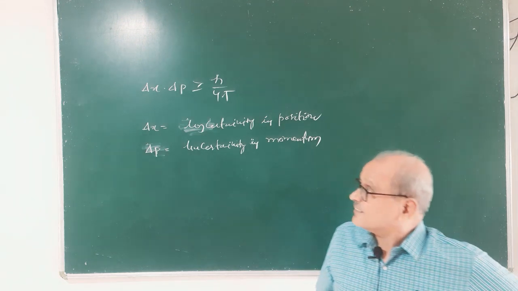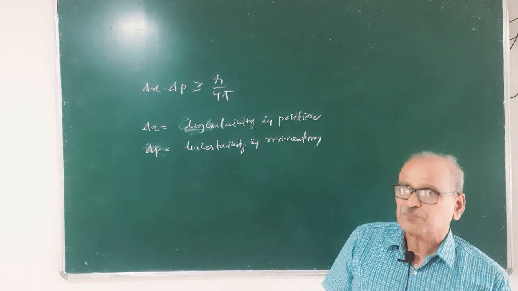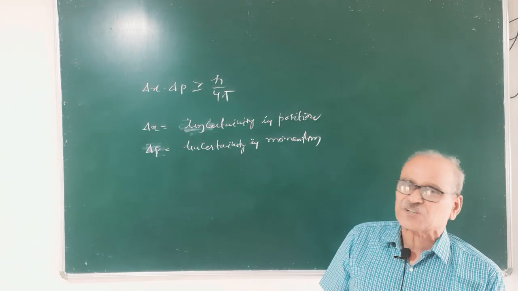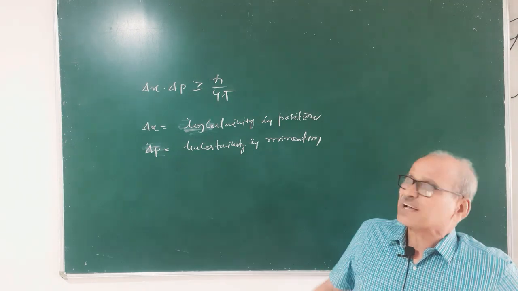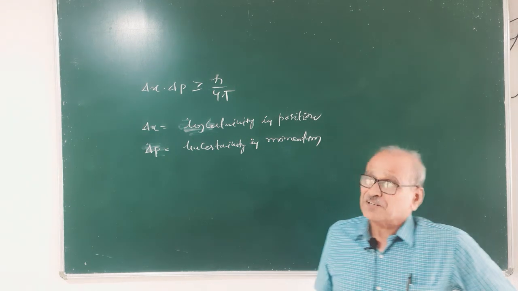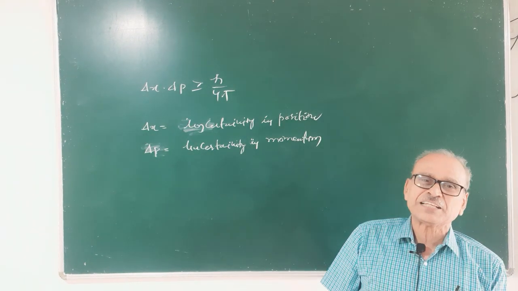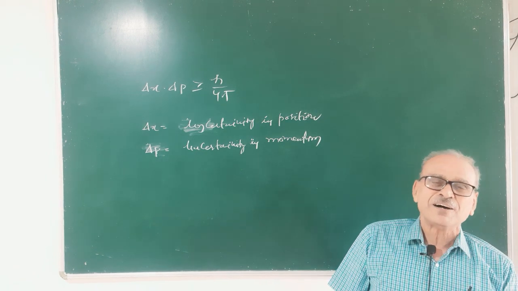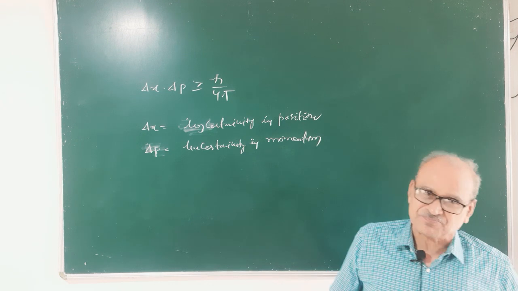It is not possible to exactly locate the position and momentum of an electron inside an atom, as proposed by Heisenberg's uncertainty principle. Because in Newtonian physics, we can exactly locate the position and momentum of a moving body, that is our GPS system.